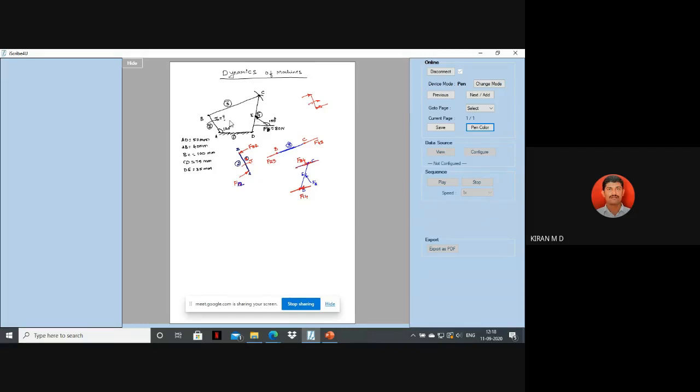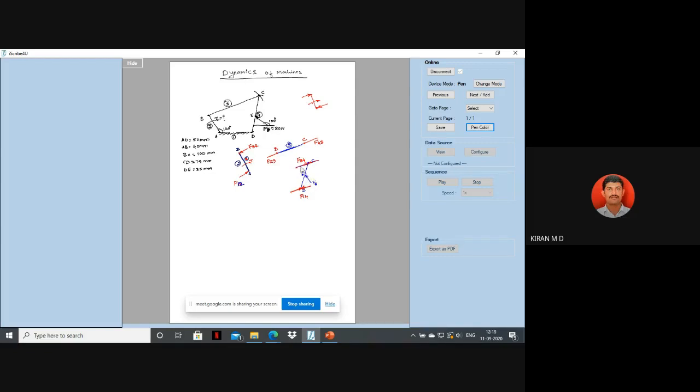Correct? Final value, we need to find the T2. So for that, we need to start from this link 4. Is it clear? Yes, sir. Okay. So now I will start with the force analysis of this one, link 4. Before that, I told you, we need to find out the F14, F34 using link 4, using this force.